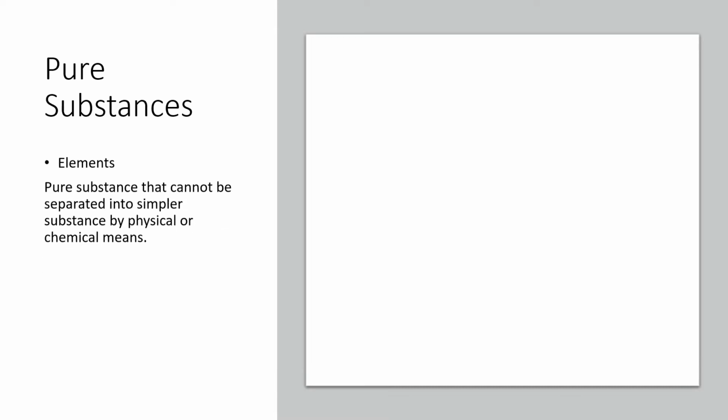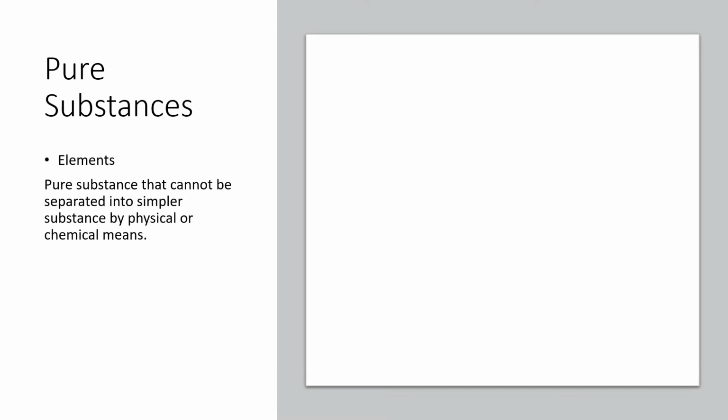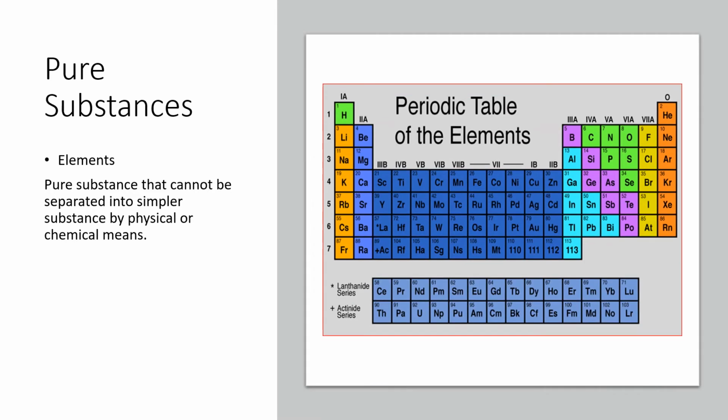In pure substances, we have the elements. An element is a pure substance that cannot be separated into simpler substances by physical or chemical means. Here is an example, the periodic table of elements.